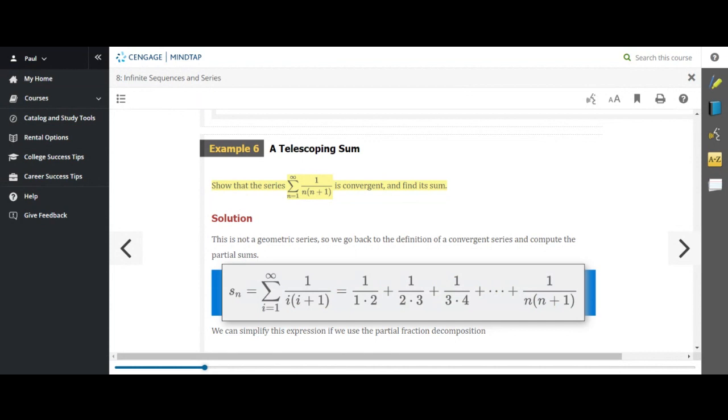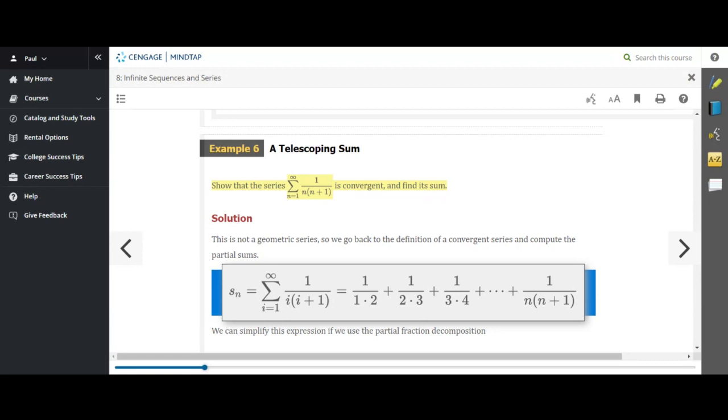If you add up the first n terms of the series, that's what your partial sum is going to look like in the box there. It's going to be 1 over 1 times 2 plus 1 over 2 times 3 plus 1 over 3 times 4 plus 1 over n times n plus 1.